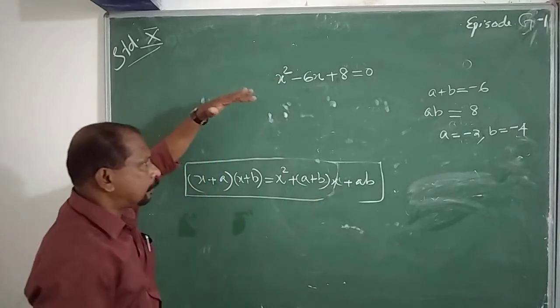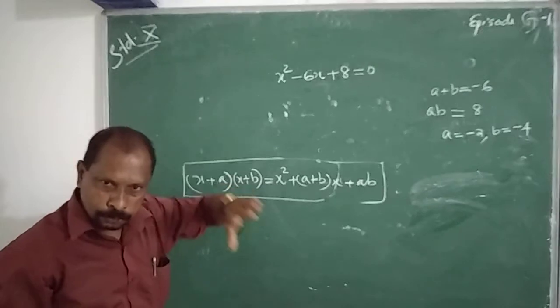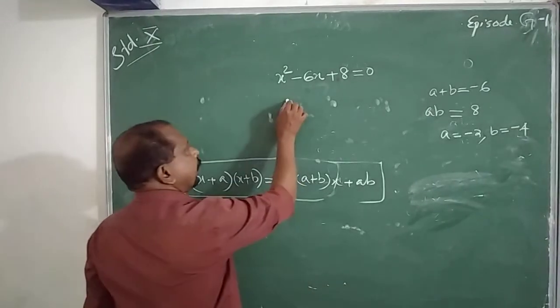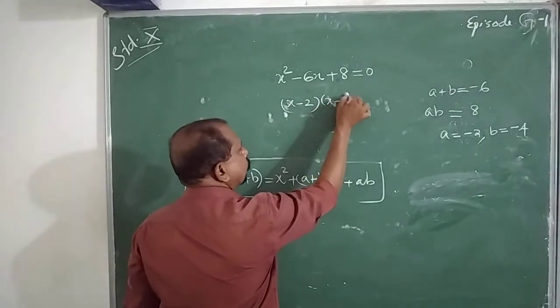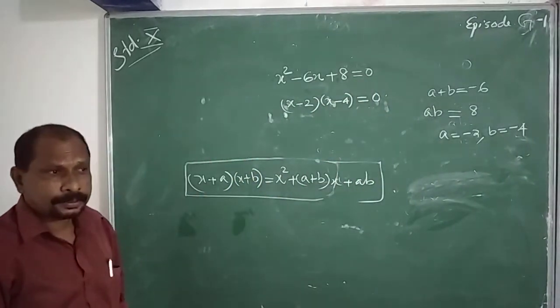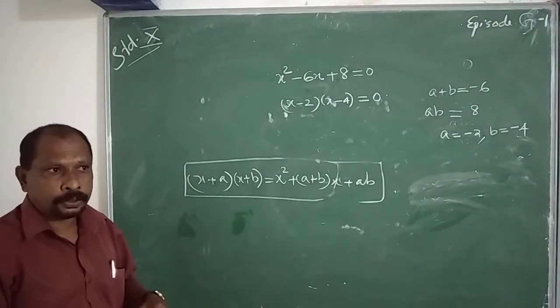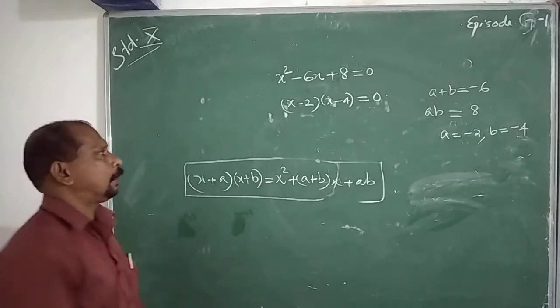Therefore, we can directly factorize x square minus 6x plus 8 is 0 as (x minus 2) into (x minus 4) is equal to 0. That means there are two factors, two values. These two values are the roots of that quadratic equation.